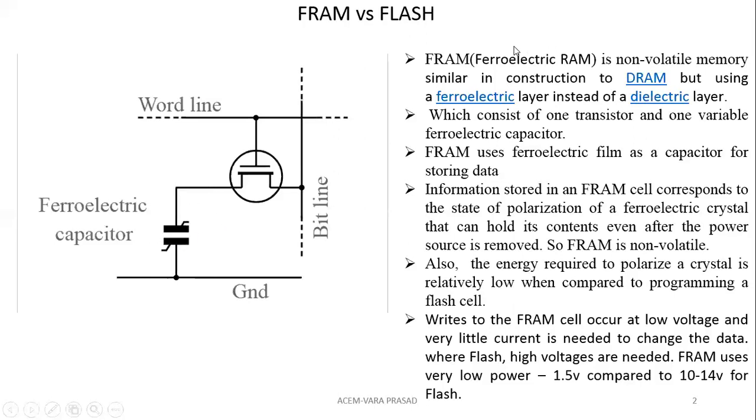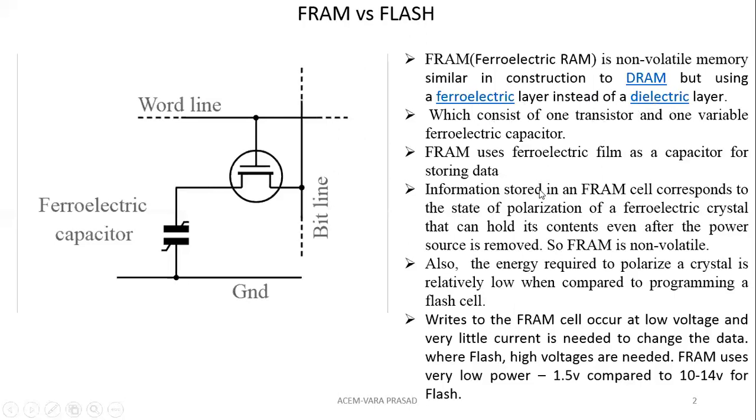So FRAM is a non-volatile memory. Generally, DRAM is volatile. Volatile means if power is off, the data will be erased. But FRAM is a non-volatile memory because it is fabricated with a ferroelectric material instead of a dielectric material. It consists of one transistor and one variable ferroelectric capacitor. FRAM uses the ferroelectric as a capacitor for storing the data.